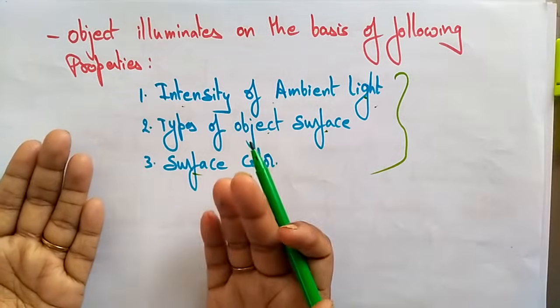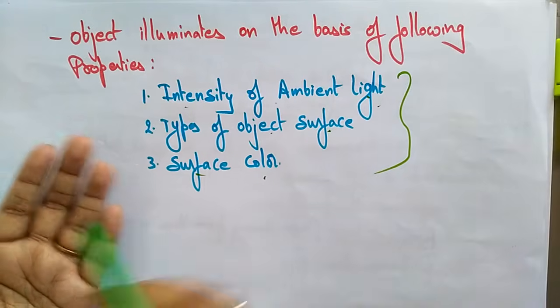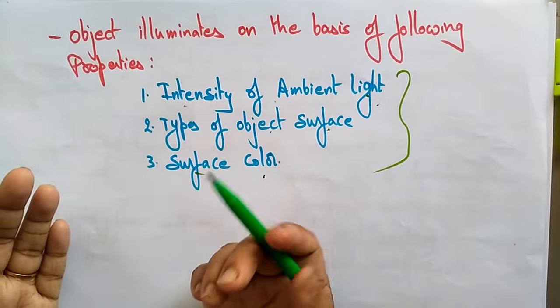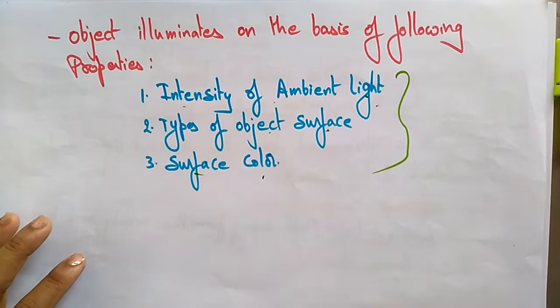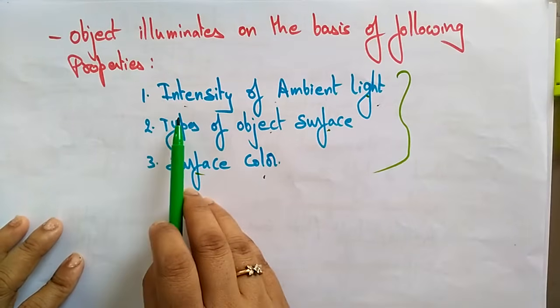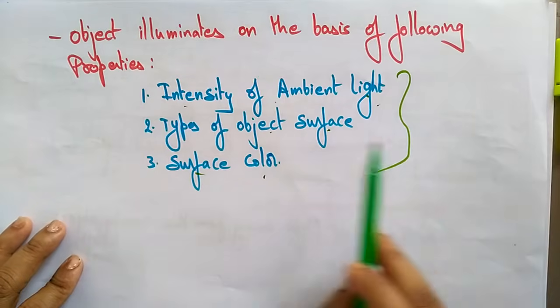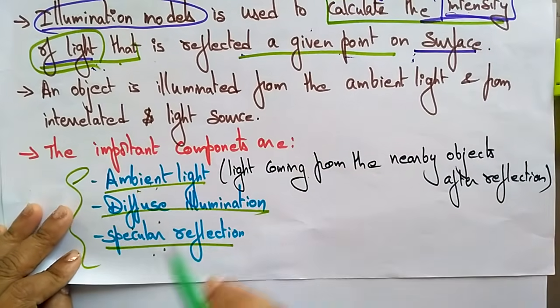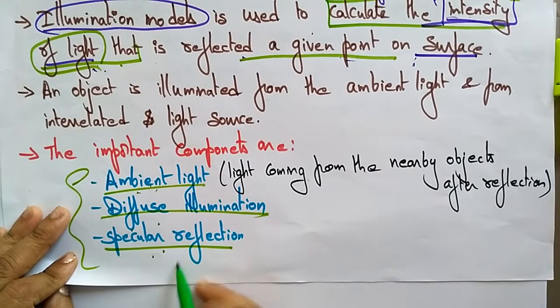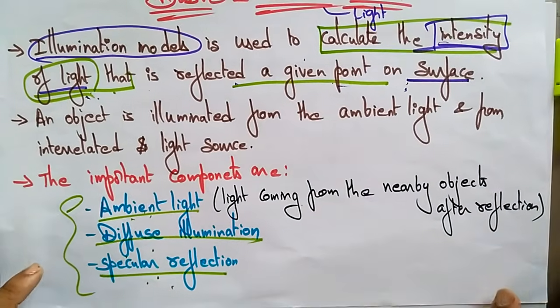If you place a red transparent paper under the light, you can see the reflected light is also red. So the properties of object illumination depend completely on the intensity of ambient light, the type of object surface, and the surface color. In the next video I'll explain the different illumination models: ambient light, diffuse illumination, and specular reflection. Thank you.